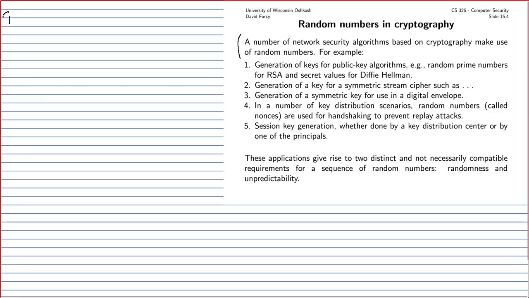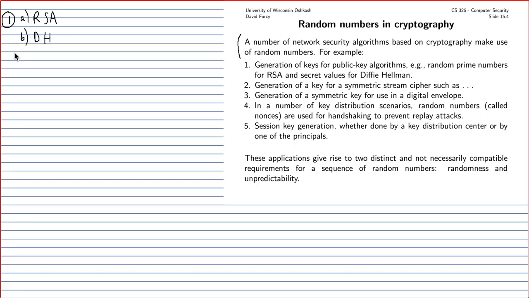So first, remember public key encryption algorithms like RSA and also Diffie-Hellman, which is not used for encryption but for distributing and sharing private keys. So these are two examples of public key algorithms that both use random numbers.